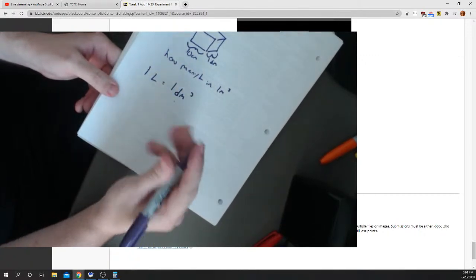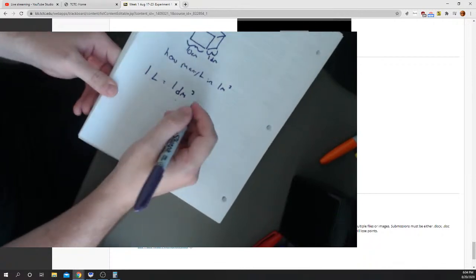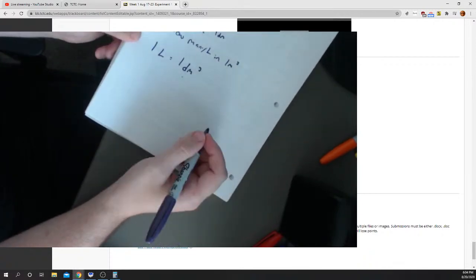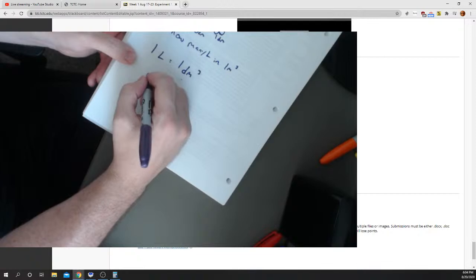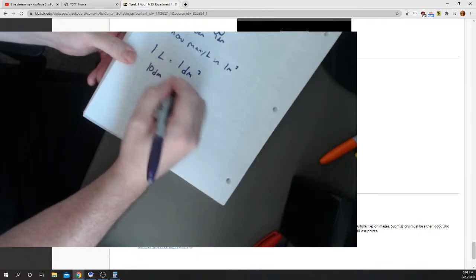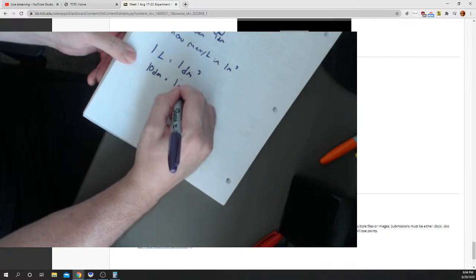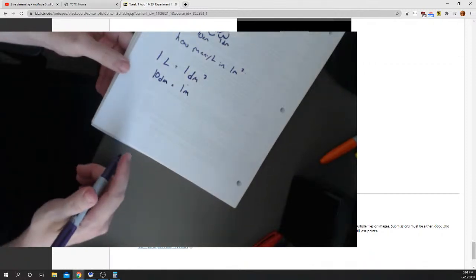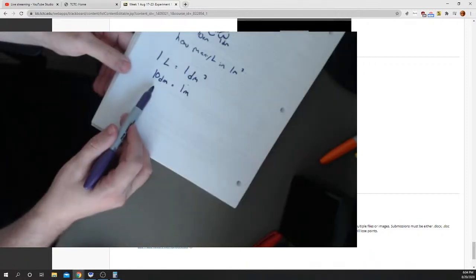If you want to do the conversion from cubic decimeters to cubic meters, well, 10 decimeters is equal to 1 meter. Okay? So if you were to cube that, you would also have to cube the number.